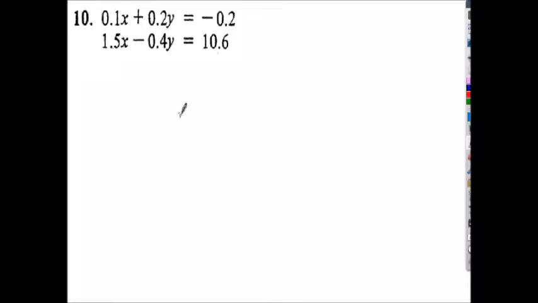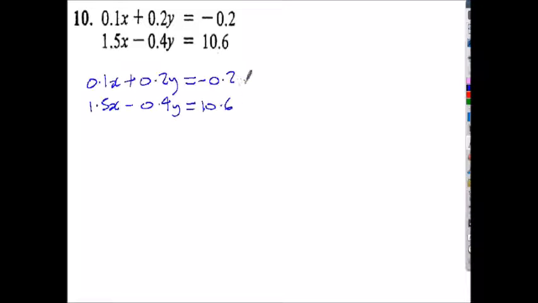Question 10, this time we have decimals, but again that doesn't bother us, just a different format of the equation. I call this equation 1, equation 2. I think what I would do here is multiply equation 1 by 2, because I'll get the coefficients of the y term to be the same.